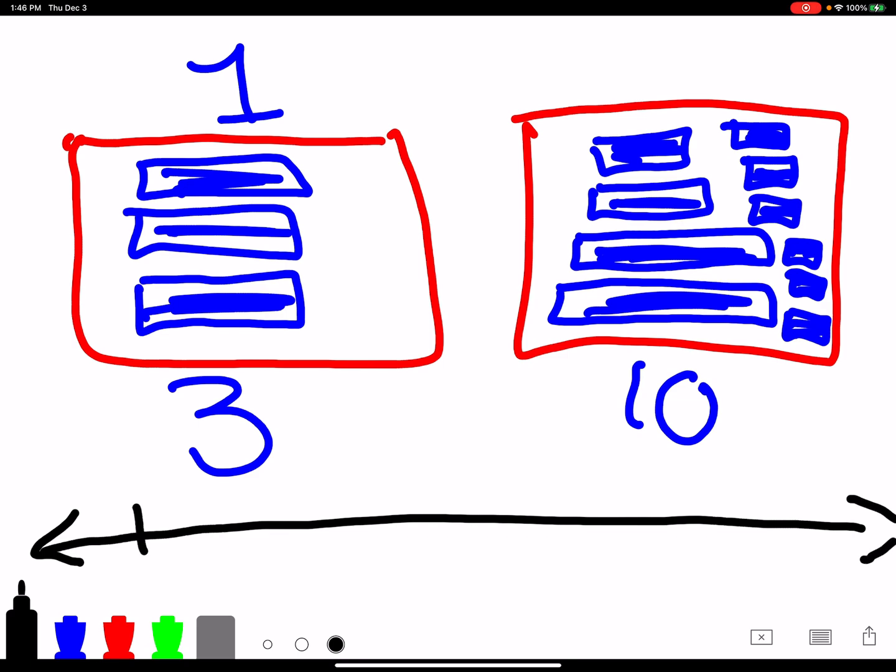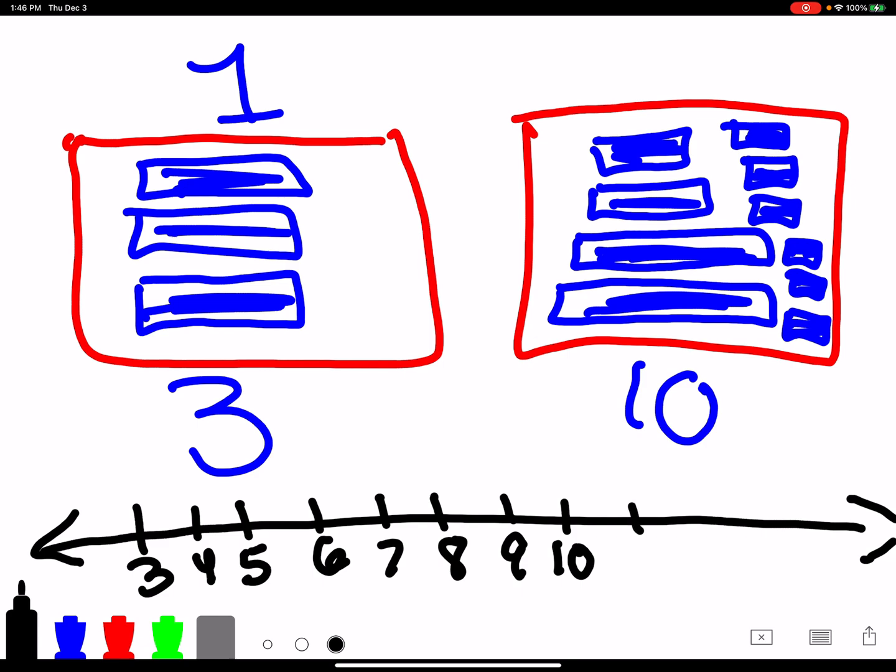So let's start from 3, 4, 5, 6, 7, 8, 9, 10, 11, 12, 13, and I'll stop on 14. And remember what I said about the add-ins.